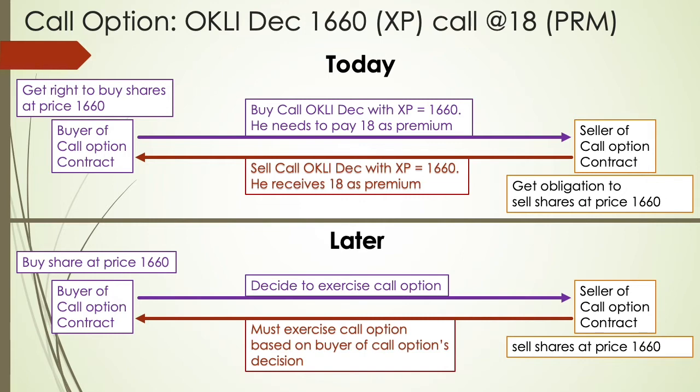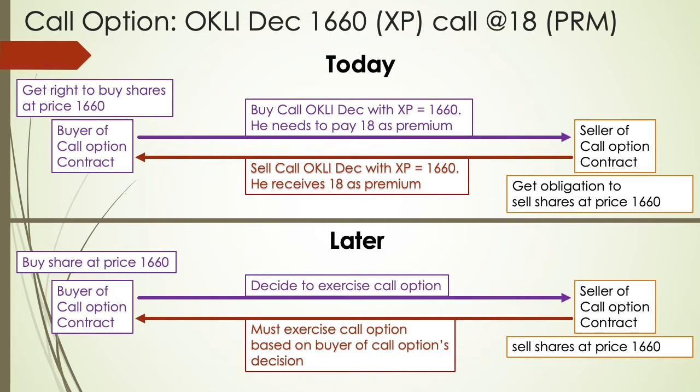So let's say the buyer holds that option contract, and later on at the maturity date, let's say in December, the buyer of the call option decides to exercise his call option contract. At that time, the seller of the call option must exercise the call option contract based on the buyer's decision. Because the buyer decides to exercise, the seller must follow.